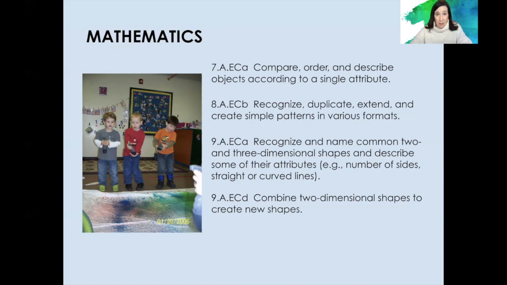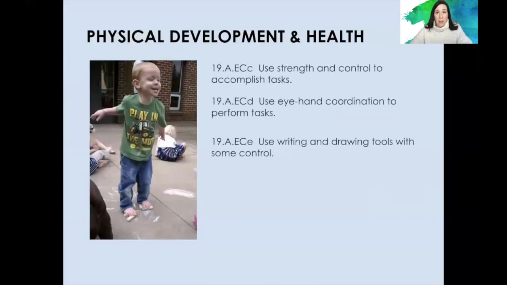They had a blast. This is a kid who is using his large motor skills and small motor skills to draw with chalk using his feet. He made those chalk things into roller skates, and was rolling around.